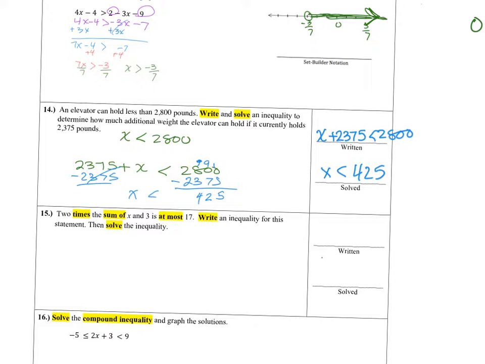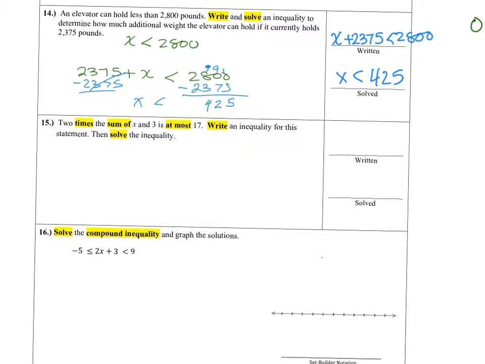Hold on, wait, can you keep that up for a little bit? The sum of, or I'm sorry, 2 times the sum of X and 3 is at most 17. You're right, 2 times the sum of X and 3 means you're multiplying 2 not just to X but to the entire X plus 3. So you guys have to make sure you have parentheses on that.